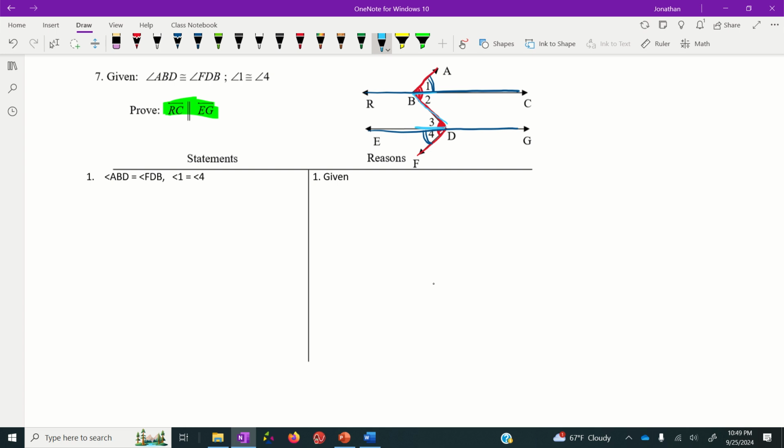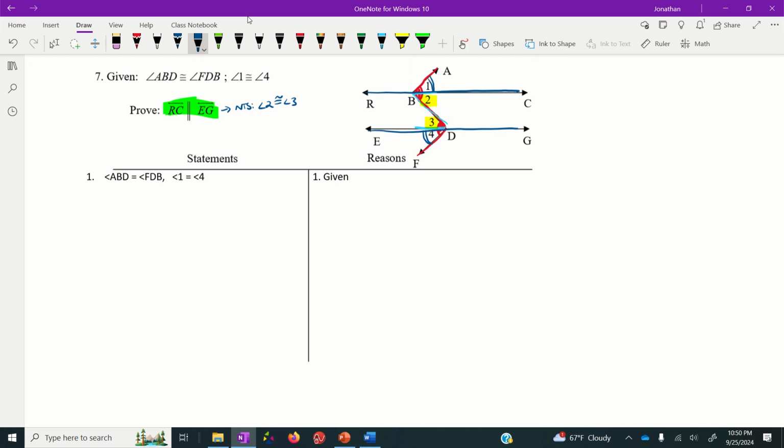So if I can show that angle 2 is equal to angle 3, that'll be enough to get the lines parallel. That's my goal. Let's see if we can do it.